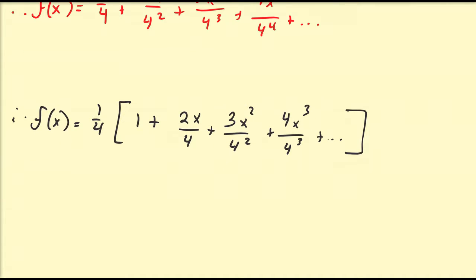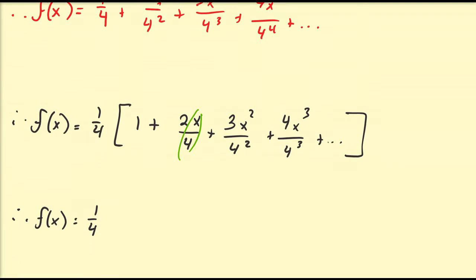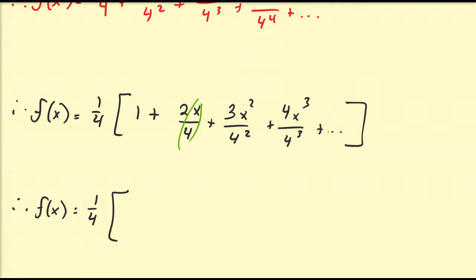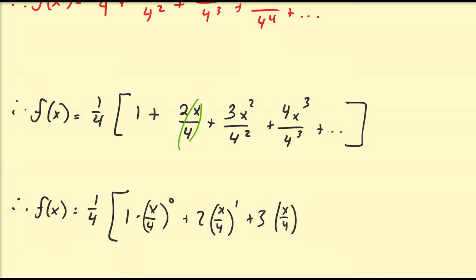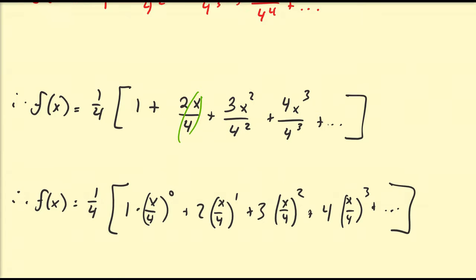We can group our x and our 4 since they both have the same exact power. So you can rewrite this as f of x is equal to 1/4 times 1 times x over 4 to the 0 plus 2 times x over 4 to the first plus 3 times x over 4 to the second plus 4 times x over 4 to the third plus and so on.